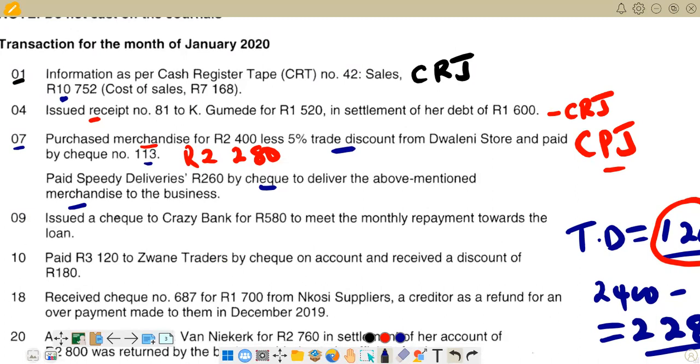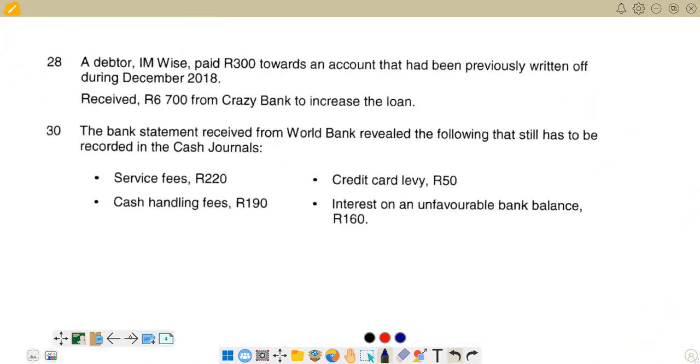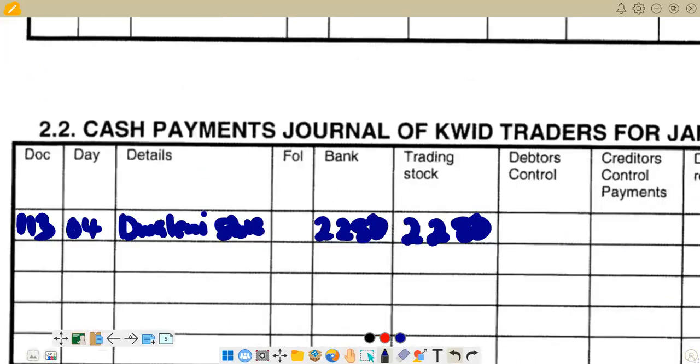So this is what we have. So we can go back and enter that one. The date still remains 07. So it means we need to correct that one to 07. So we go back to the cash payment journal. We are here, and this date we are saying it's 07, not 04. Here we have 07.